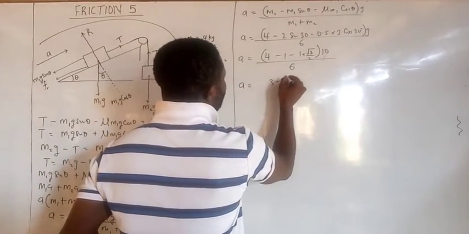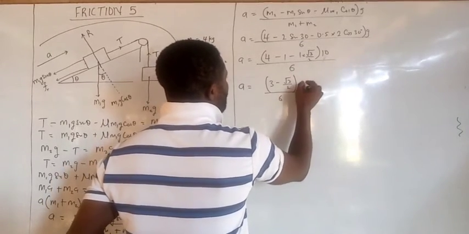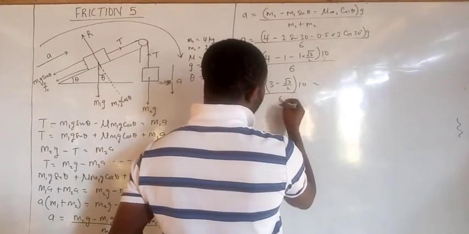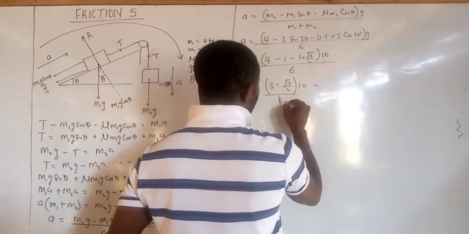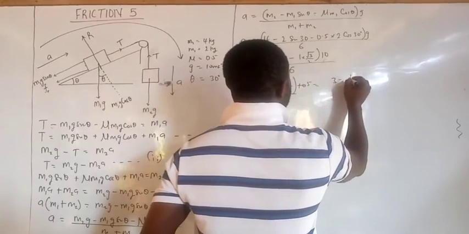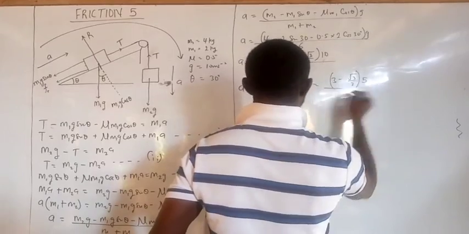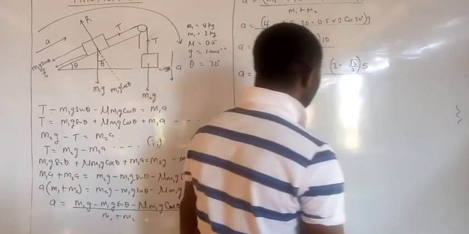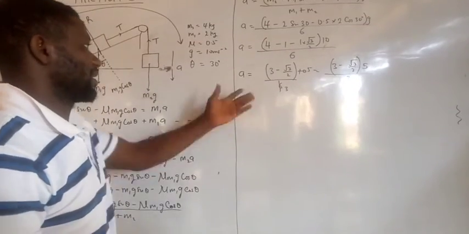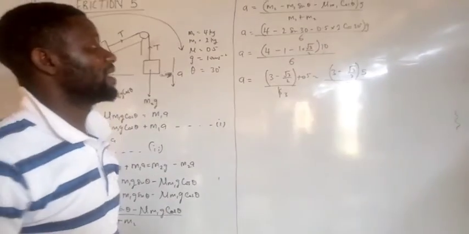So I have 3 minus root 3 over 2, all divided by 6 into 10 here, which is equal to, obviously, 6, 2 here, 3, 2 here, 5. So I have 3 minus root 3 over 2, all into bracket 5, all divided by 3. That will be my acceleration. If you get your calculator, you can use calculator to find the final value of this.